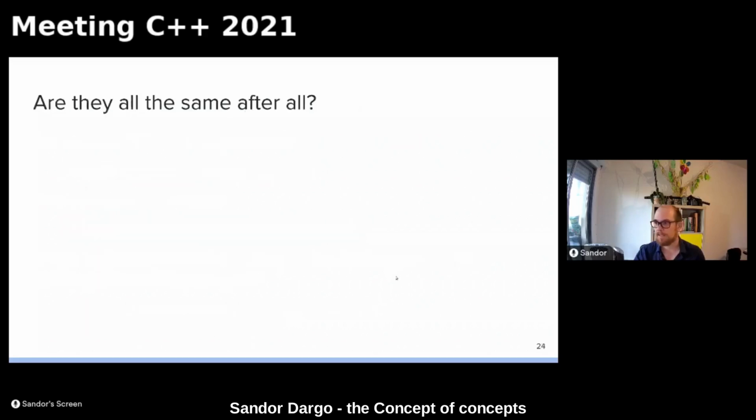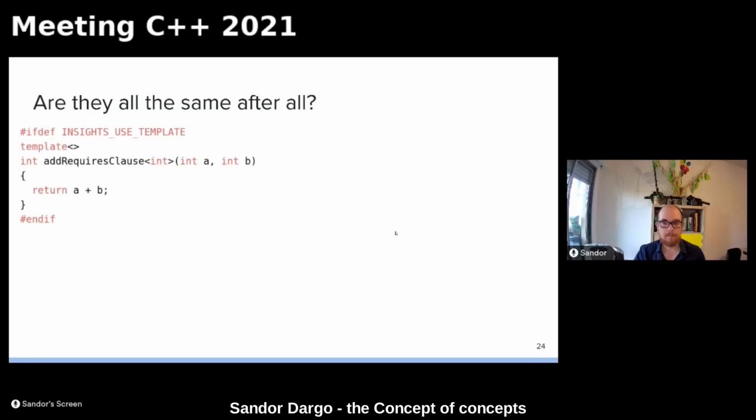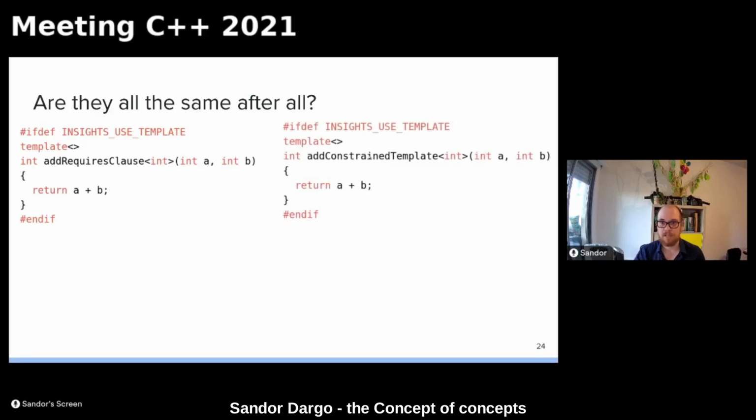You might ask, well, are these different, or are they the same? And I used CPP Insights to look under the hood, and they are pretty much the same. So you see that the add requires clause is the same as the add constrained template, the shorthand notation.